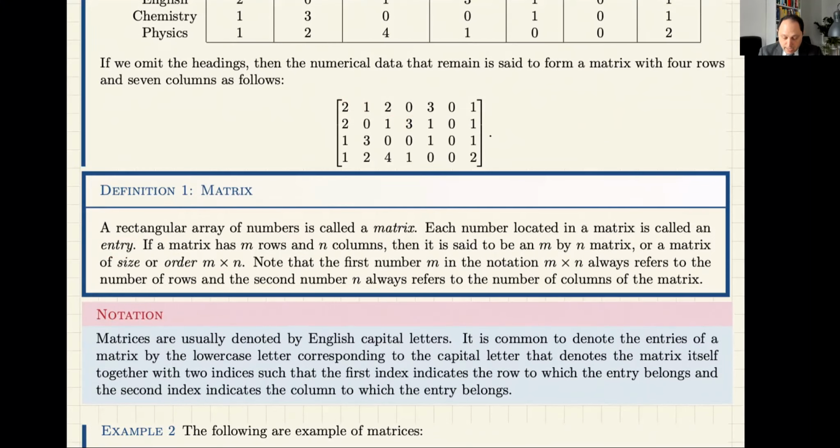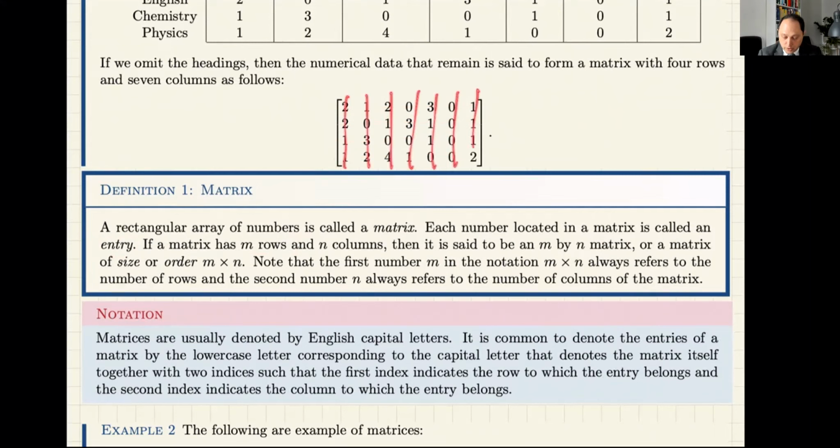If a matrix has m rows, so for example here my matrix has 4 rows, and n columns, so here 1, 2, 3, 4, 5, 6, and 7, then it is said to be an m by n matrix, or a matrix of size or order m times n.